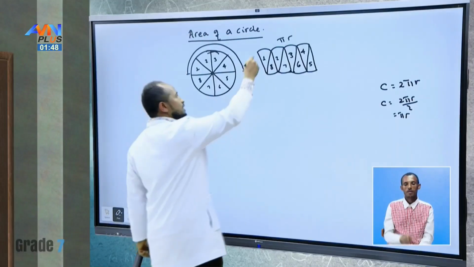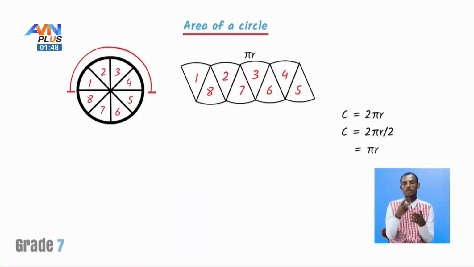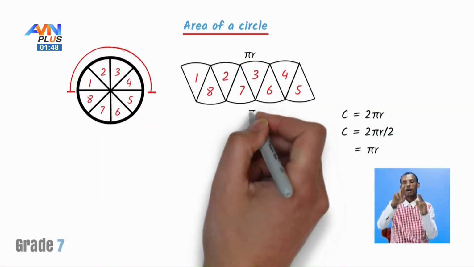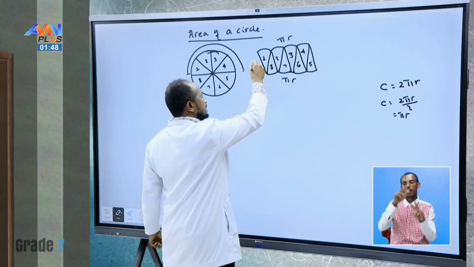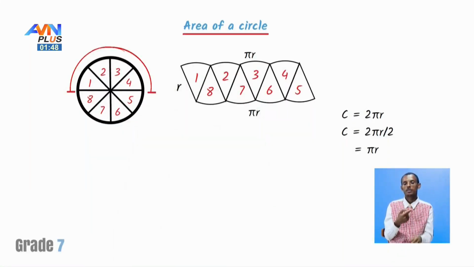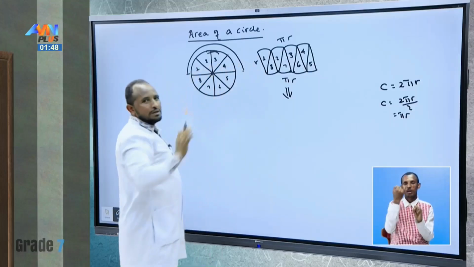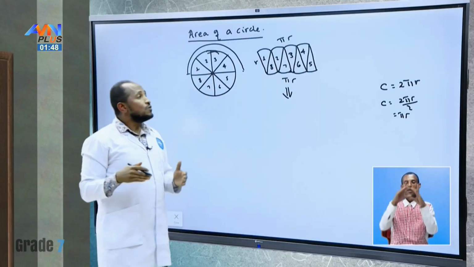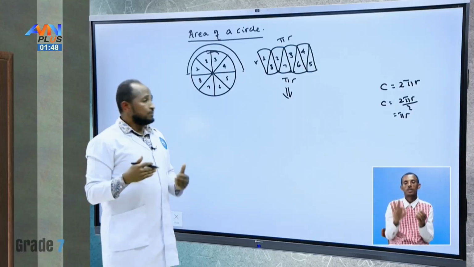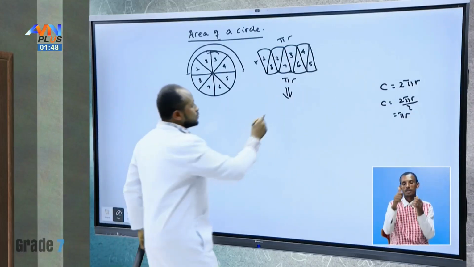And this one, as you can see, also is pi r, the lower part. And this length is a radius. So if you divide this circle into so many pieces, you will have such a picture, which is near to a rectangle.